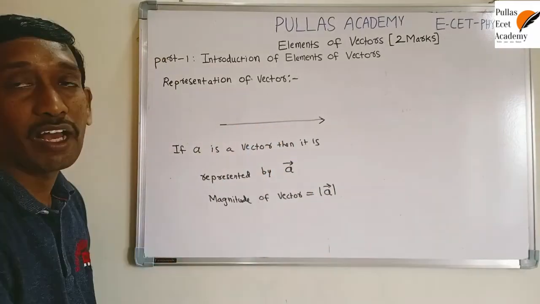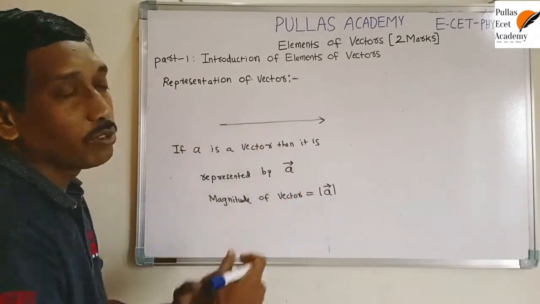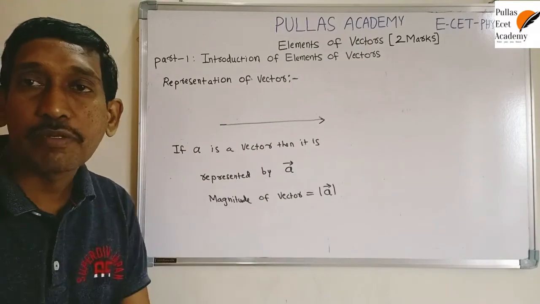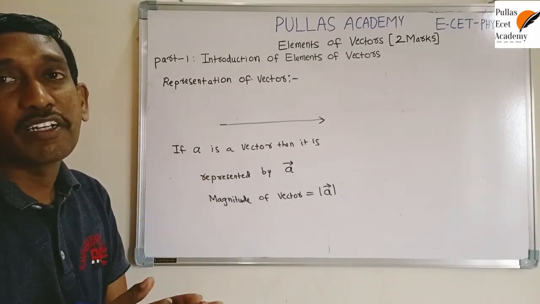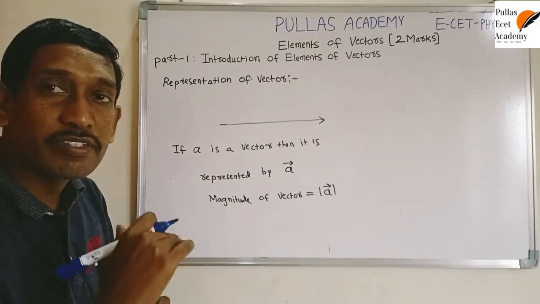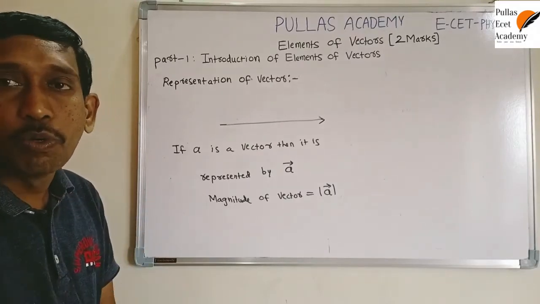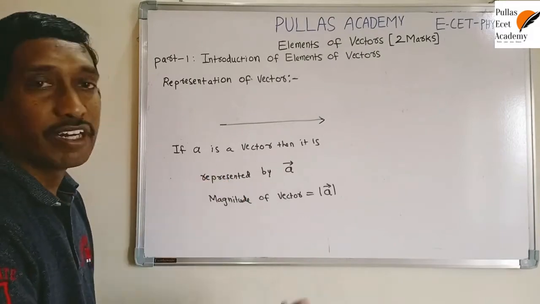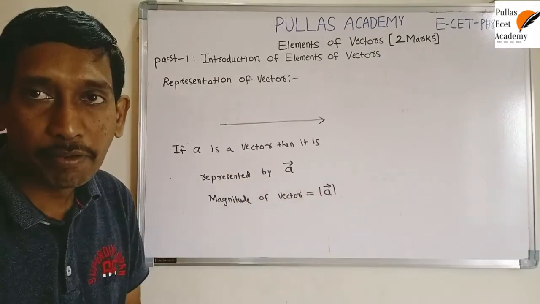Because magnitude is always measured positively. So the modulus always gives a positive value. Don't take it as negative. If any vector is represented with a negative sign, that negative sign does not represent the magnitude; it only represents the direction of the given vector. That's why the magnitude of the vector is modulus of a bar.